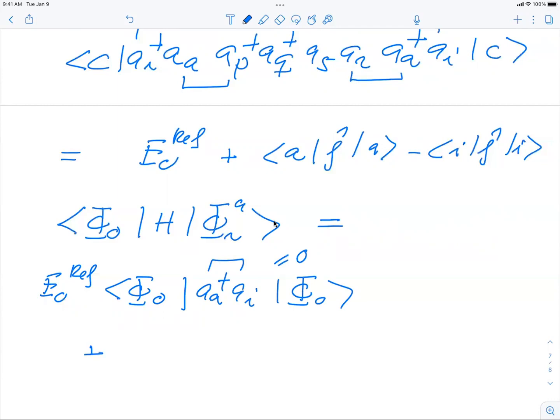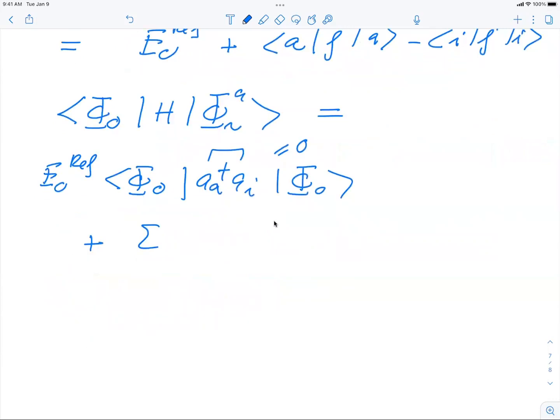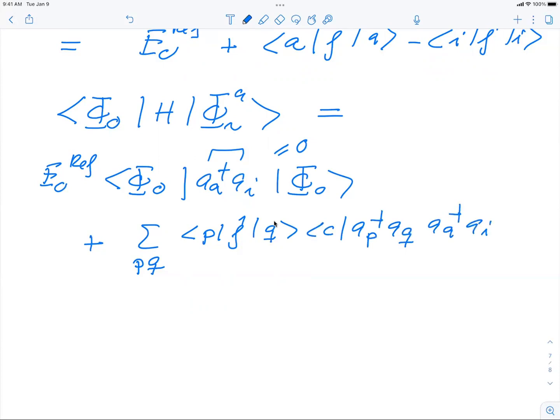Then we have the next term, which now includes the one-body operator. So we have a sum over PQ, and now we have P of this operator F of Q, and then we have the vacuum state, and then I have my AP dagger, AQ, and then I have my A and AI here. So that's the next term. Now, in this specific case, we can have contractions of this specific type.